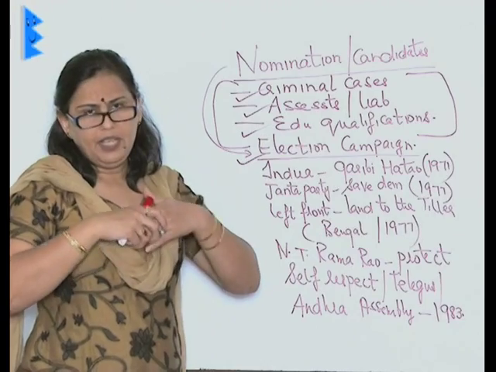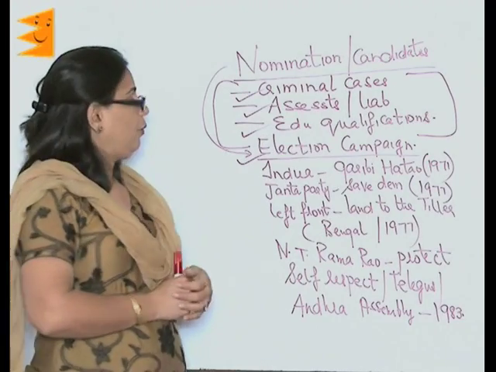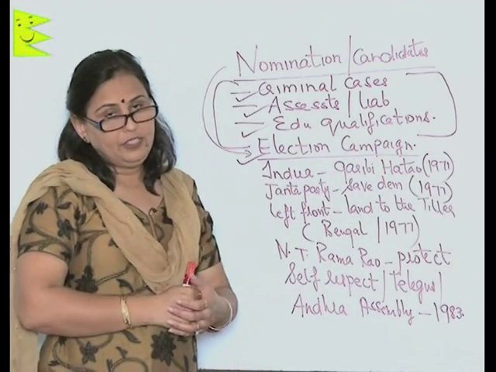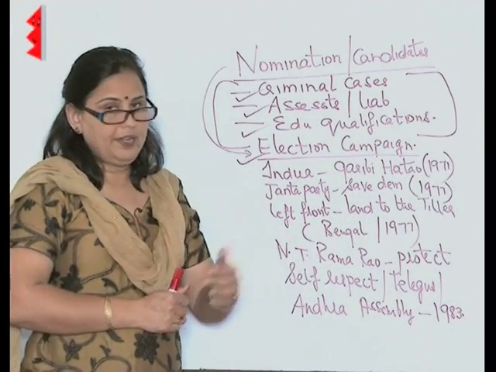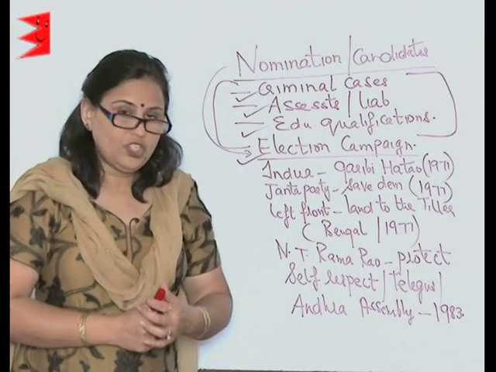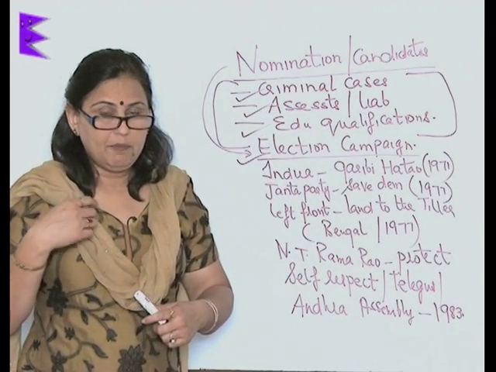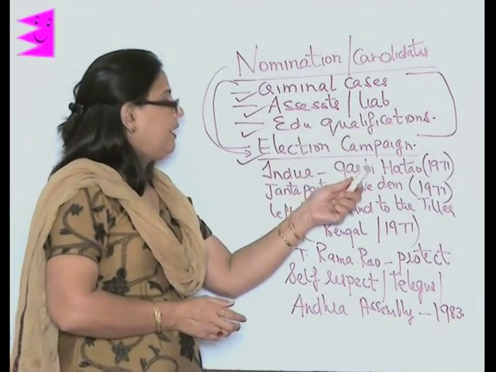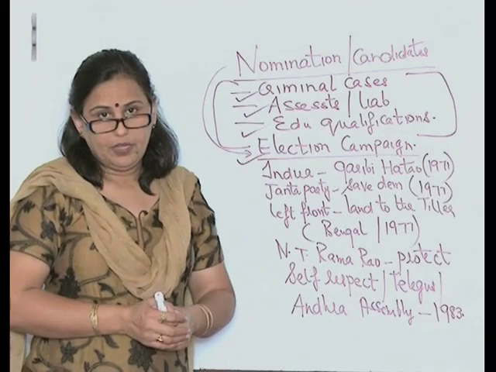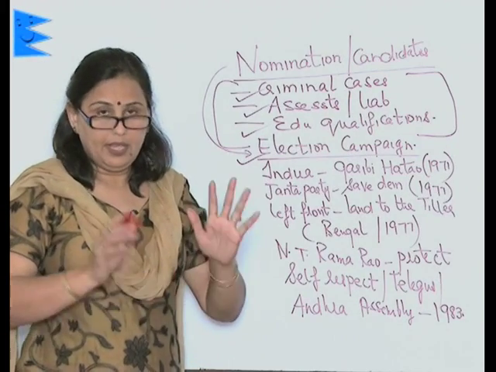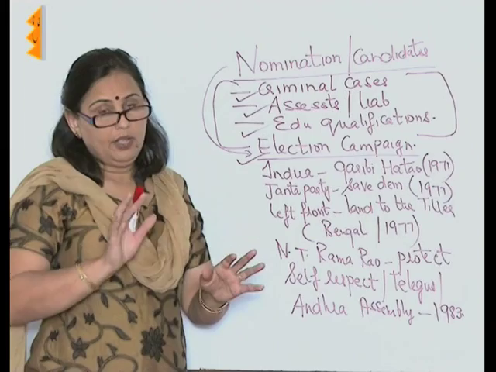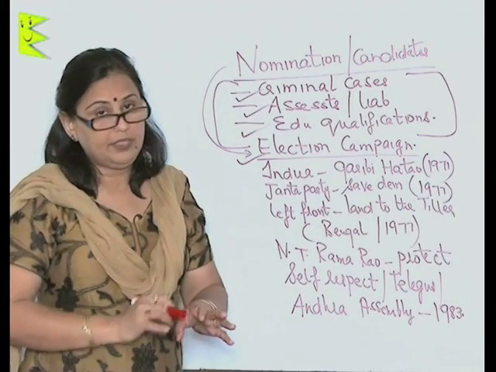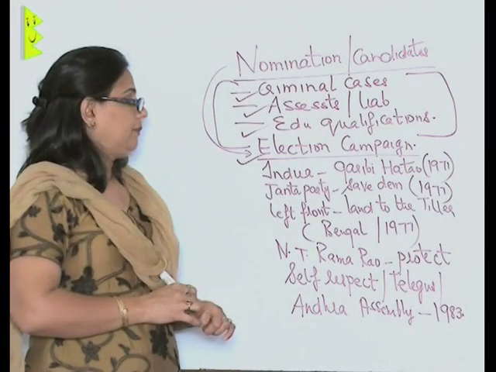There could be so many other things by which a candidate tries to lure his voters to vote in his favor. And the Election Commission of India gives him all the rights to campaign in his favor. This seems to be his actual way by which he tries to win the support of his people.